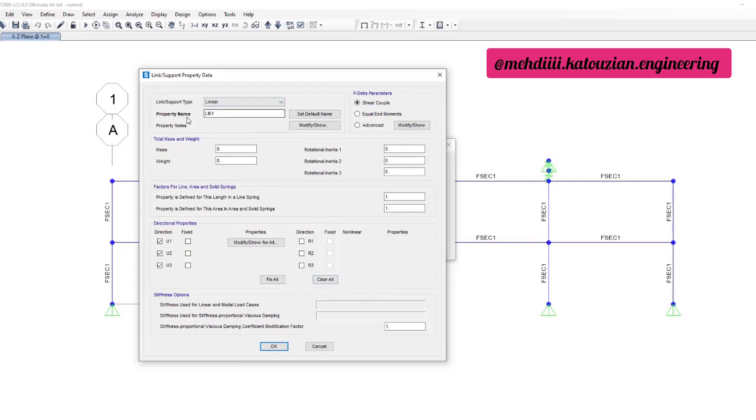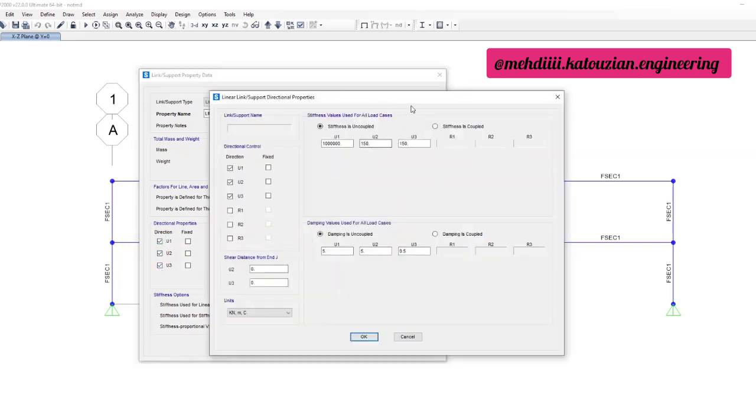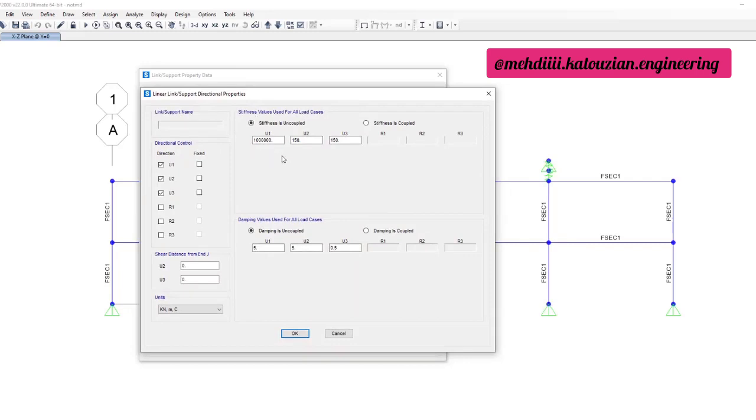So I choose linear elastic link, which is allowed to define properties in three directions. The first part I used is uncoupled with different mass. Based on the mass of the tuned mass, you can determine this K1, K2, K3 in different directions.